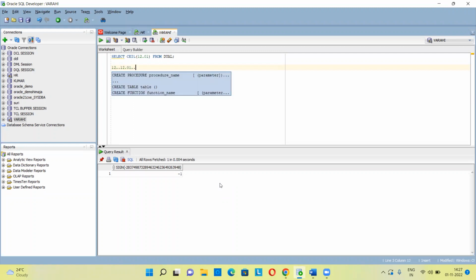After 12, 12.01 will come, and after that 13 will be there. So what is the nearest highest value for 12.01? Of course 13, not 14 or 15. It is just going to round this value to the nearest highest value, which is 13.